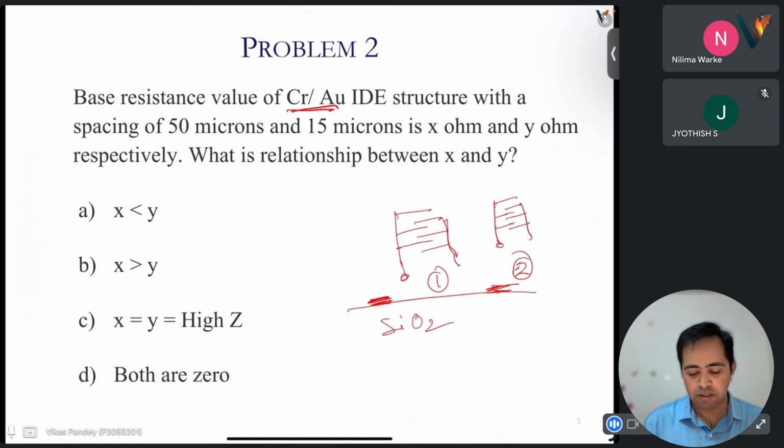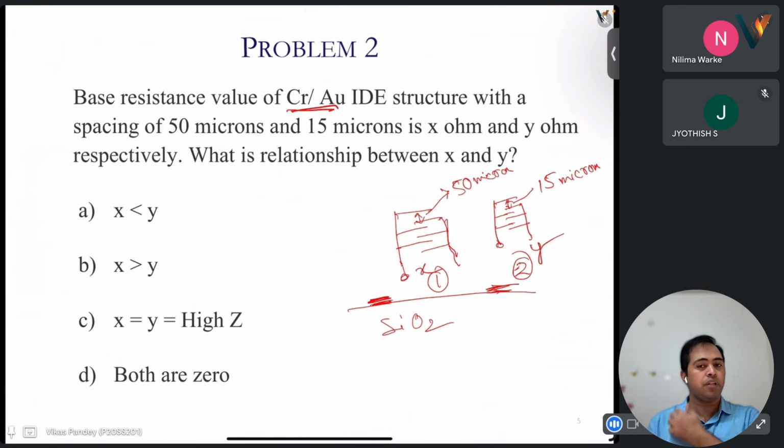The gap in the first case is 50 micrometer, and the second one is 15 micron. The resistance given by the first one is X ohms and the second one is Y ohms. So what will be the relation between X and Y?